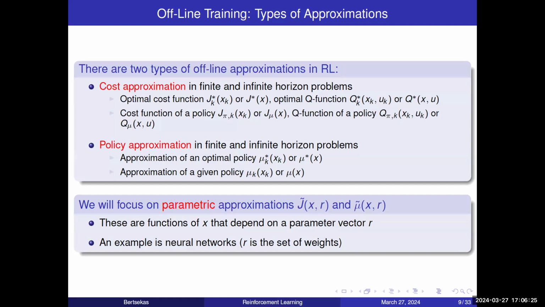Technically it cannot, because if you present the same thing, x equal to 5, to the same neural network, it's going to output exactly the same thing. So you either need a different neural network, or you need to augment, explicitly telling the parametric approximator that this appears in different stages. Okay.